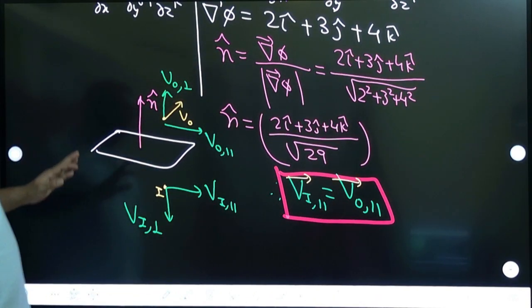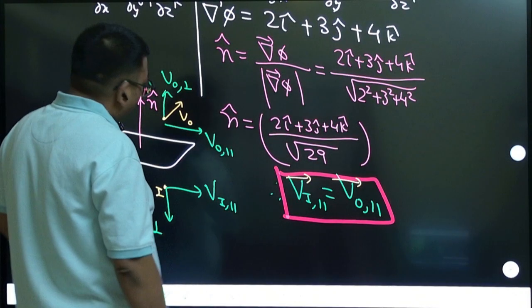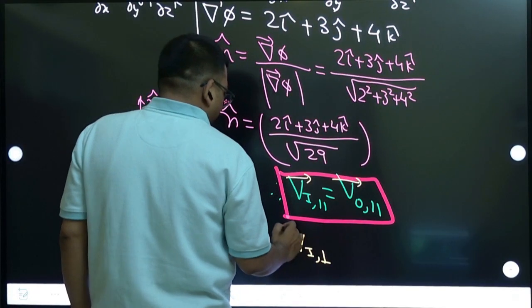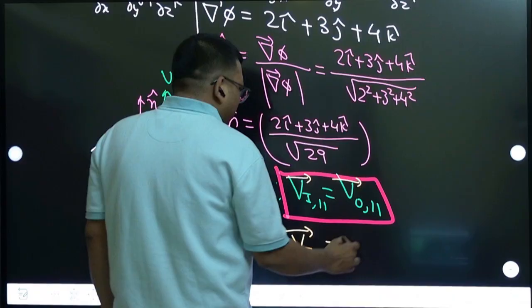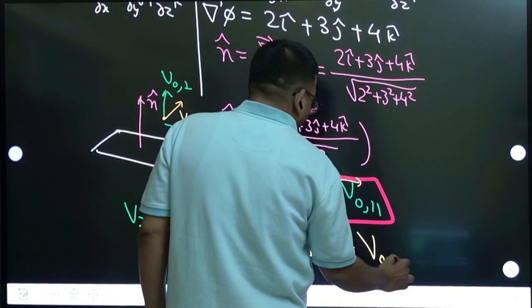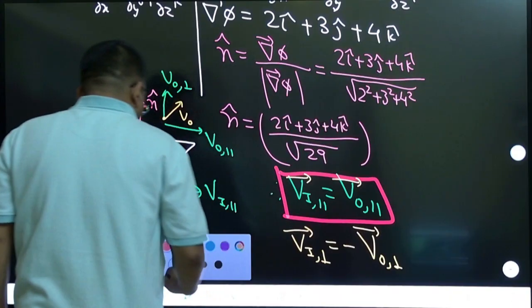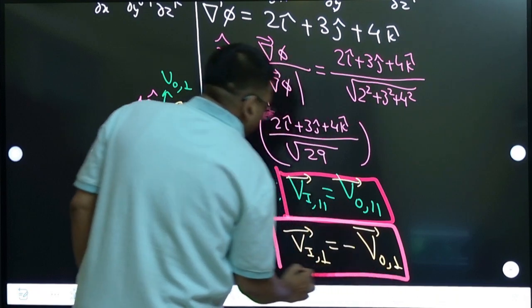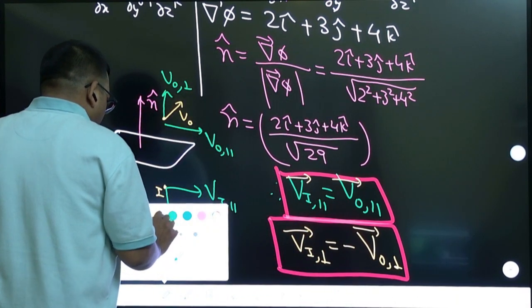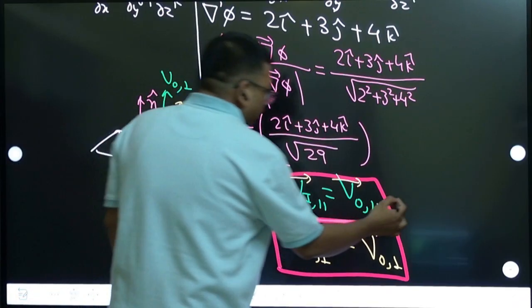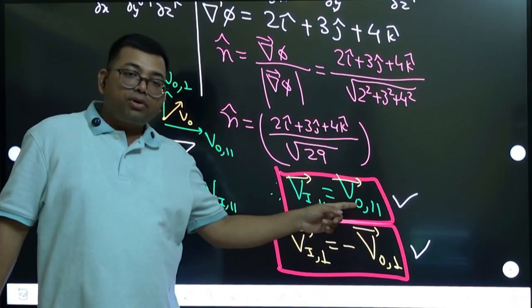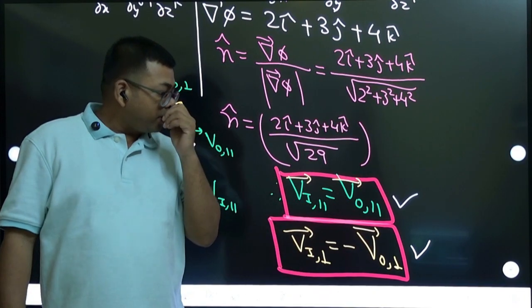Now, if I want to write the velocity of image, which is the perpendicular component, that is going to be minus the velocity of object perpendicular component, right? That's what happens. So we need to calculate both components of the object, and the parallel component of the image will not change, but for the perpendicular we have to put a minus.